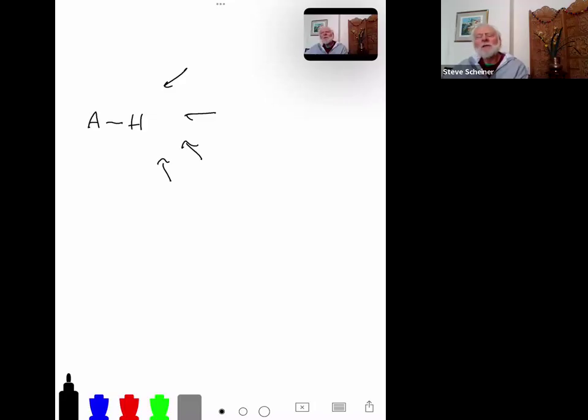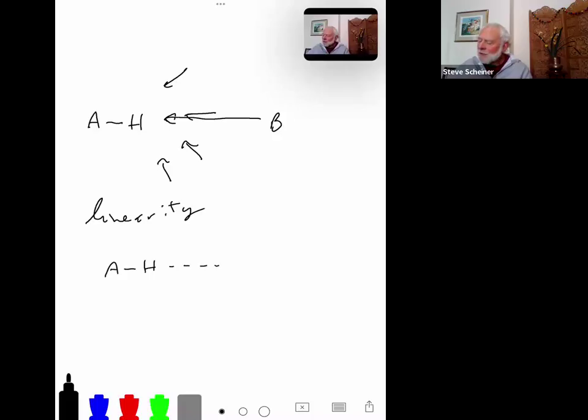But partly because of the charge transfer and other issues, it much prefers to come in along that way. So hydrogen bonds have a strong tendency towards linearity, and you'll see that term a lot, which means if there's an H and a base, this angle theta tends to be around 180 degrees.